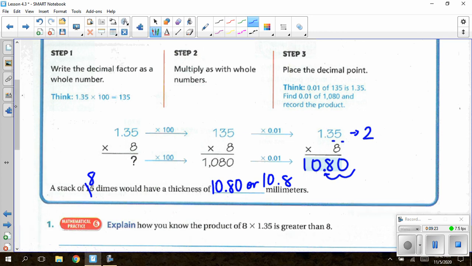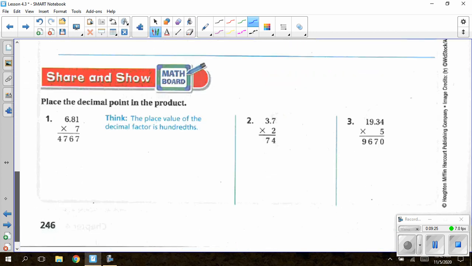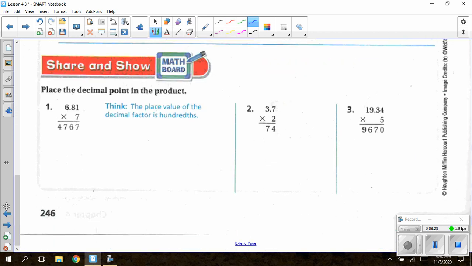Now I'm just going to move down to the share and show, so that we can practice placing our decimals, and then on the next page we will multiply like they're two whole numbers and then place our decimal. For question number 1, they did solve it for us. We are just going to practice placing our decimal. So I'm going to count the number of digits behind the decimal.